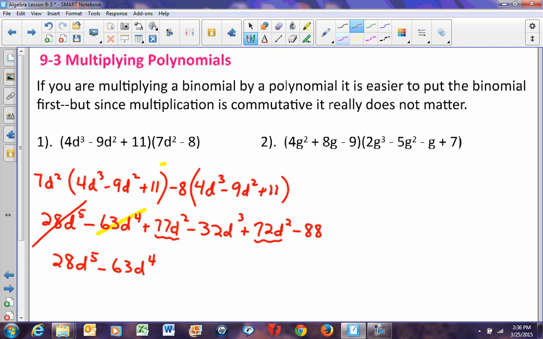That's going to be 149d squared. So now those are both gone. Whoops, I just realized I messed something up. I'm going to have to rewrite this. And then I have a negative 32d to the third minus 88. What did I mess up?